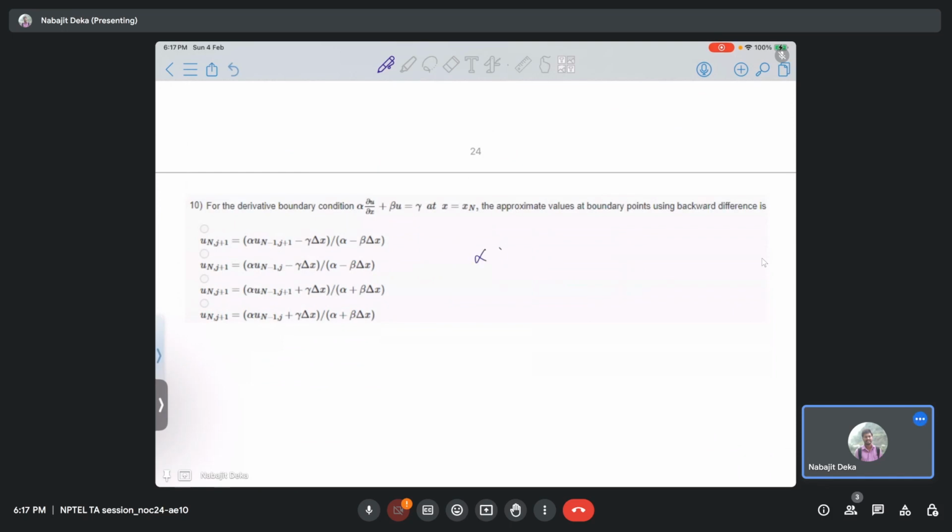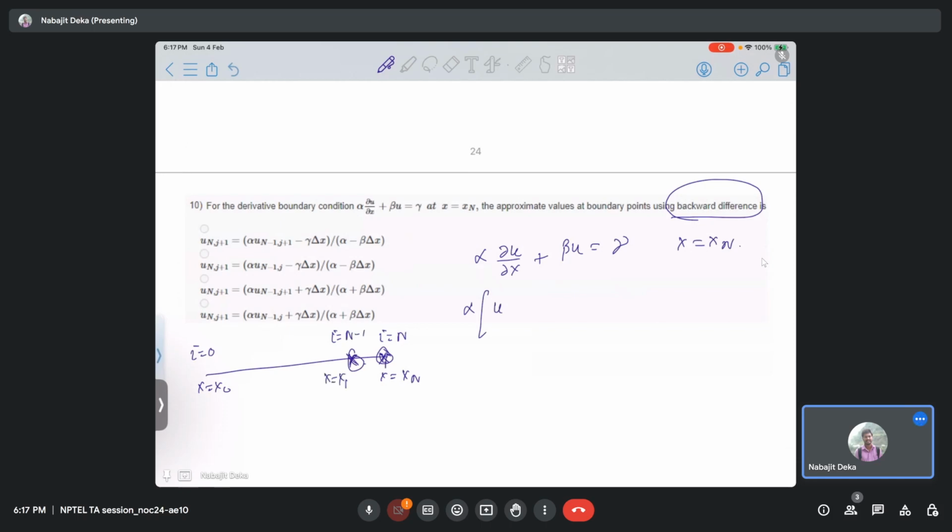So same, at x equal to xn, we have to use the backward difference now. So x equal to x naught is here and x equal to xn is here. So I equal to n, I equal to 0. We have to represent u, taking these two points in the backward difference, which is I equal to n and x equal to xn minus 1.